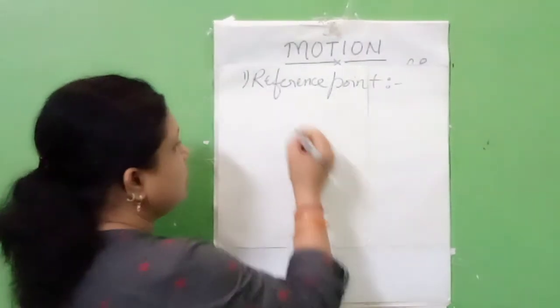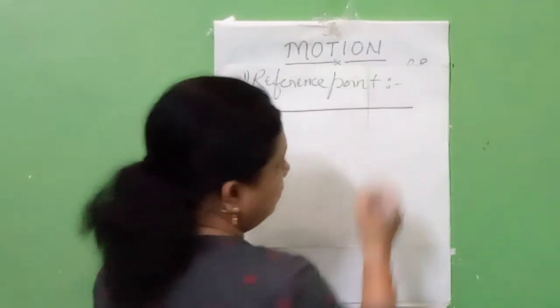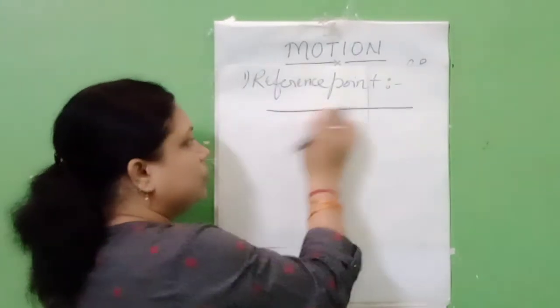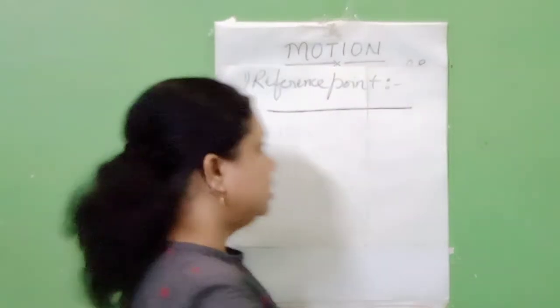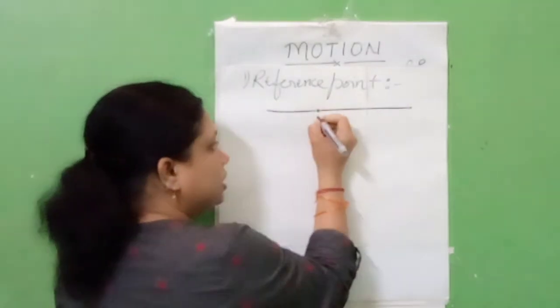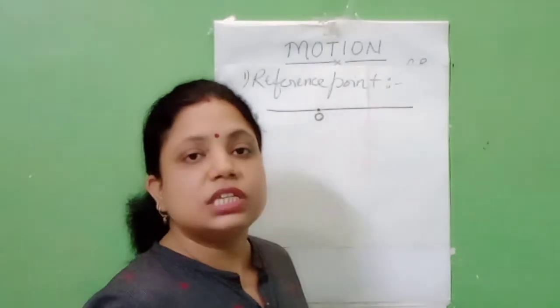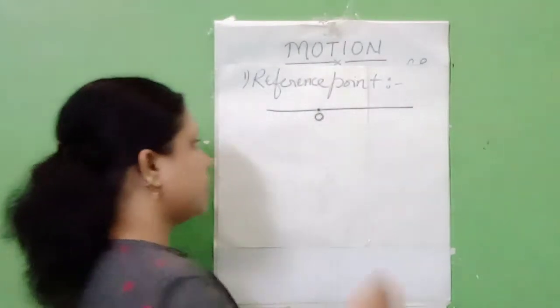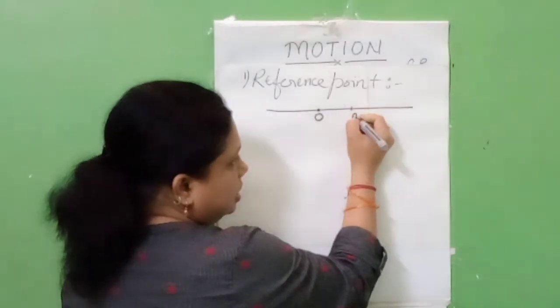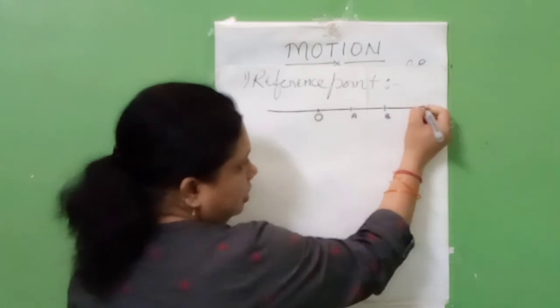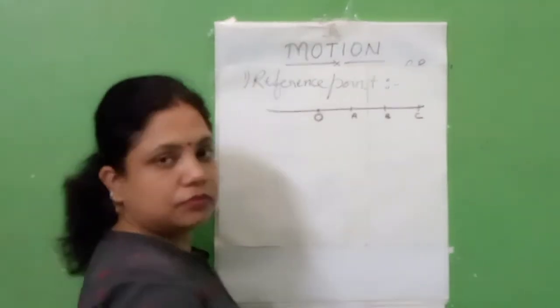Now let's see another example. Students, suppose this is a line. Either you can say it is a road. This point is a reference point, or you can say it is the origin point. Now here a few objects are there, A, B, C. Clear?